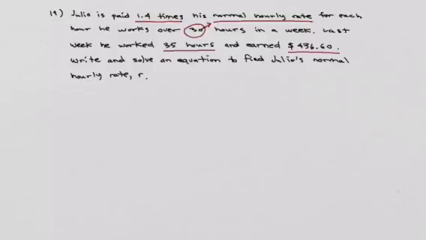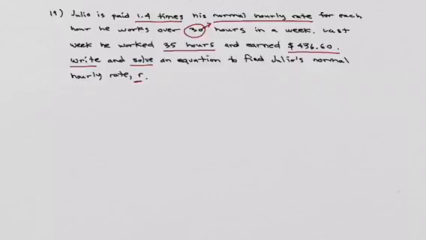In the last sentence, write and solve an equation to find Julio's normal hourly rate. There are actually three things given there. One, we are supposed to write and solve. So there are two pieces: we have to write an equation, then we have to solve it to find his normal hourly rate. And they told us that the normal hourly rate is R.